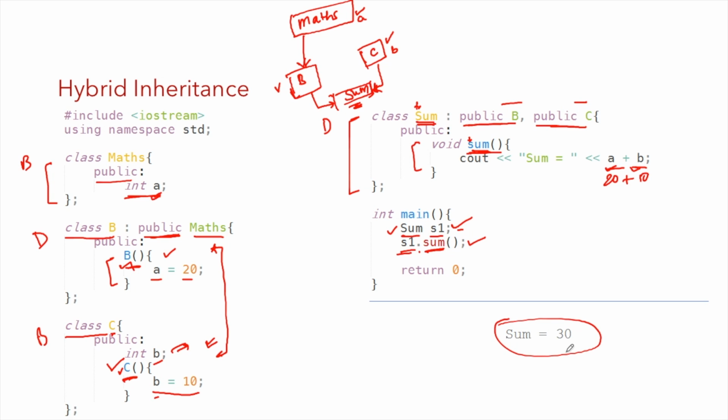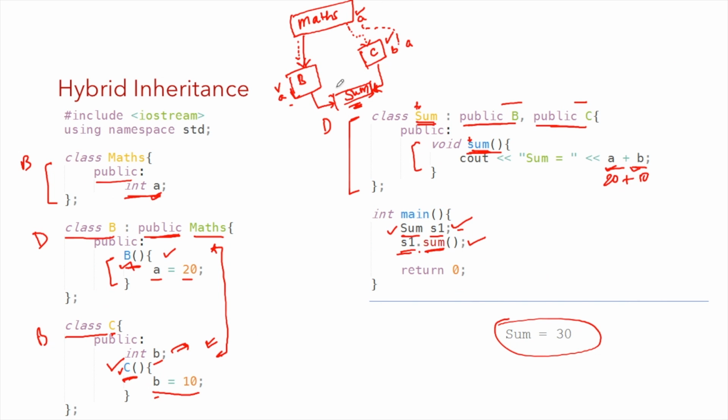Now one important point that I want to make over here is, let's say you extend this as well. Let us assume that your class C is also inheriting class Maths. Now the problem here is that A will be inherited here as well. So A will come here, and because of this inheritance A will come here as well.